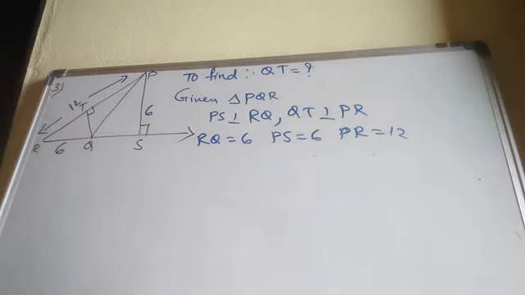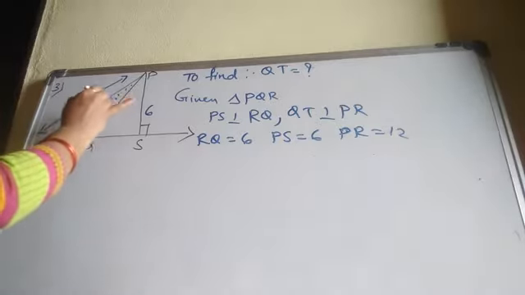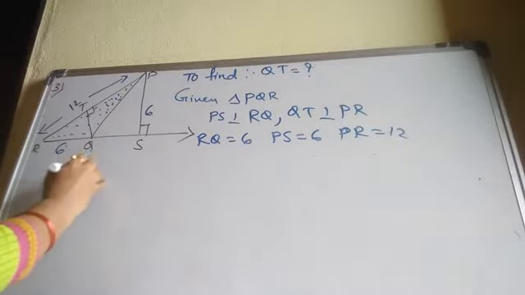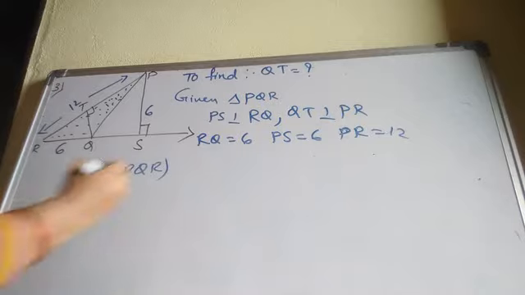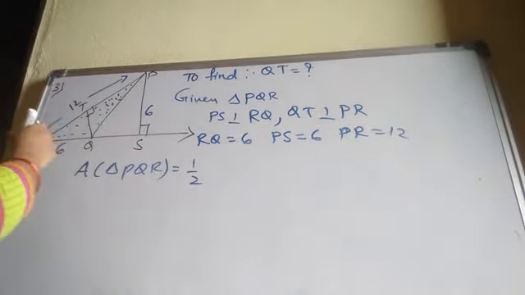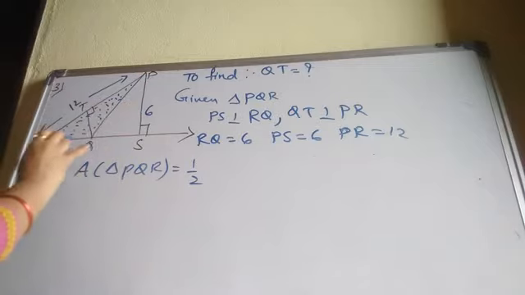How? See students. First we know the area of the triangle formula: half into base into height. First I will find the total area of triangle PQR. Okay? Area of triangle PQR equal to half into, if I find the total, I take the height as what? PS and base as what?